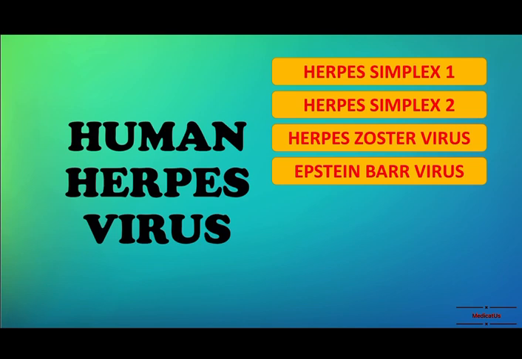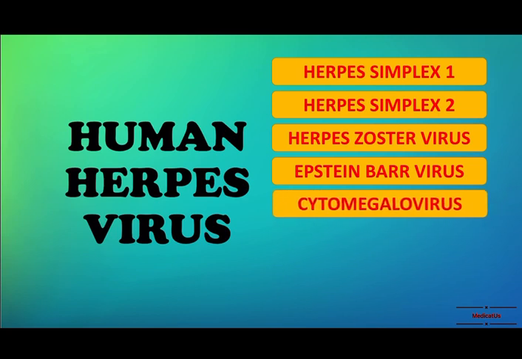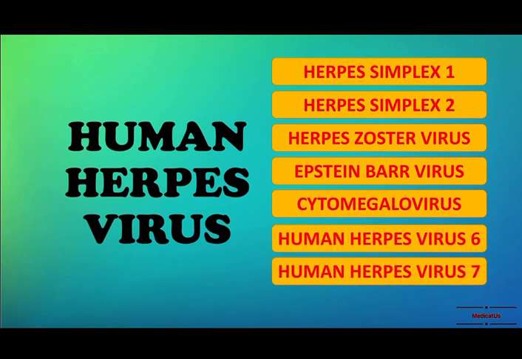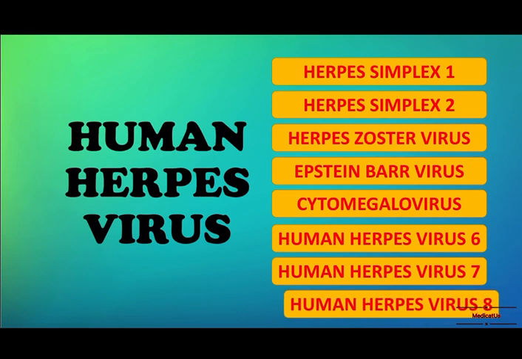The fourth human herpes virus is known as Epstein-Barr virus. The fifth virus of this family is cytomegalovirus, and as its name suggests, it is the largest member of this family. Then comes the human herpes virus 6, 7, and 8 respectively.